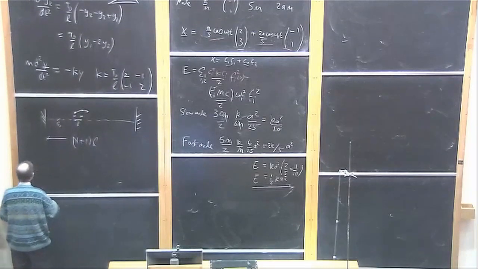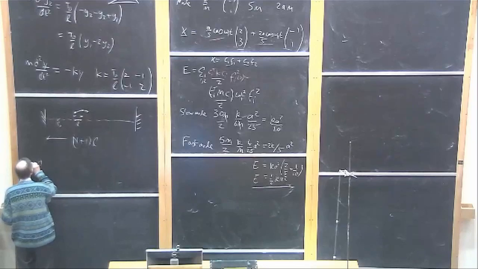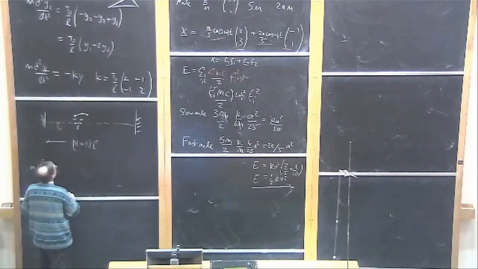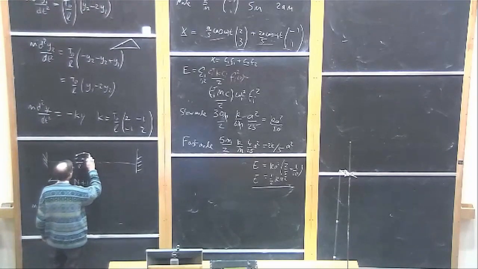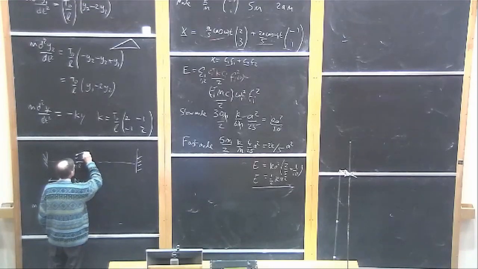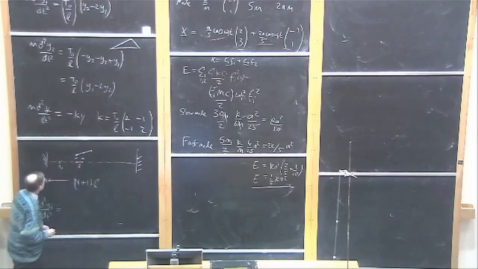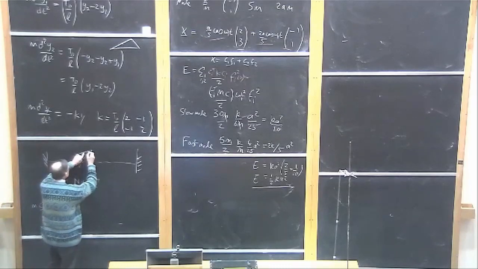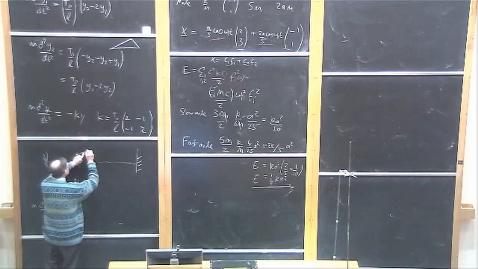And so in general, the equation of motion is m d2yi by dt squared, which is, well, let's draw it as though they're both like that. So there's a tension here, T naught.